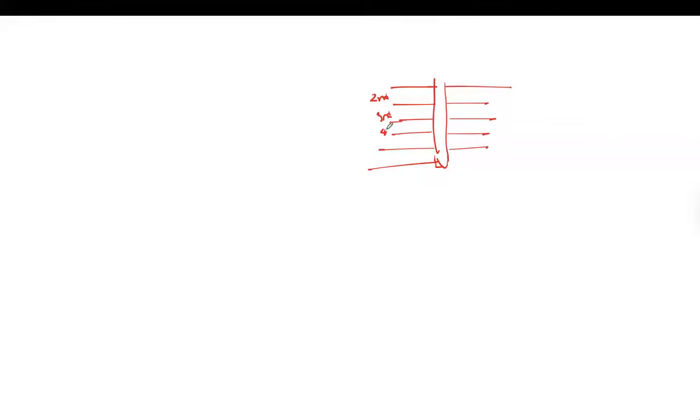So if this is the sternum, and then we have these intercostal spaces, let's say this is our second intercostal space, that's the third, this is the fourth, and that's the fifth. This is the right side, this is the left side.